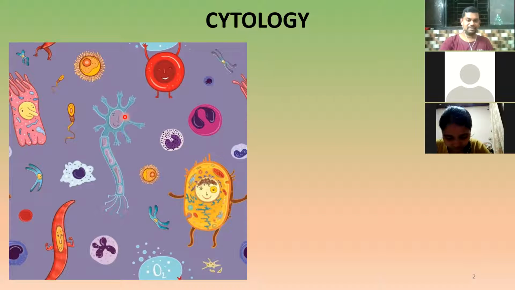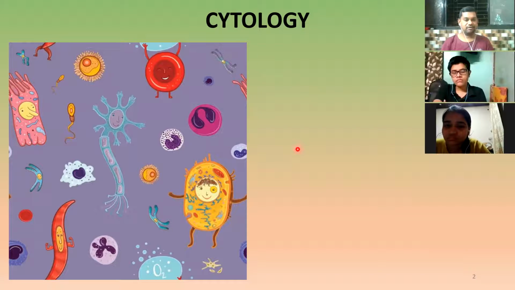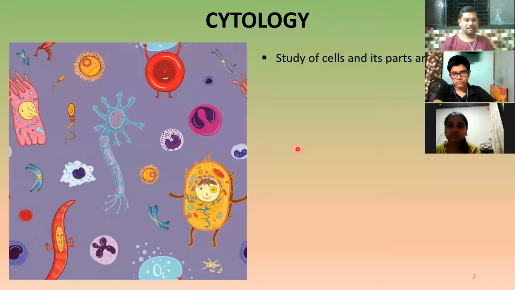You know very well that cells are basically of two types, that is a prokaryotic cell and a eukaryotic cell. Okay, for your level, just remember prokaryotic means a primitive cell and eukaryotic means an advanced cell. So when you say cytology, it is the study of the different types of cells, its parts, and all the organelles which are present within the cells.